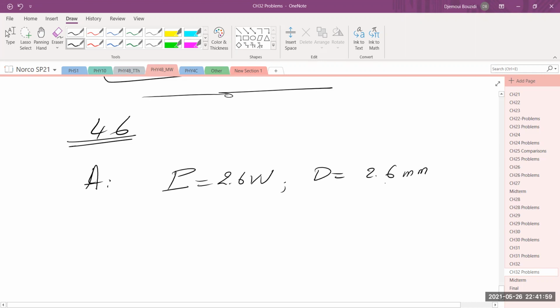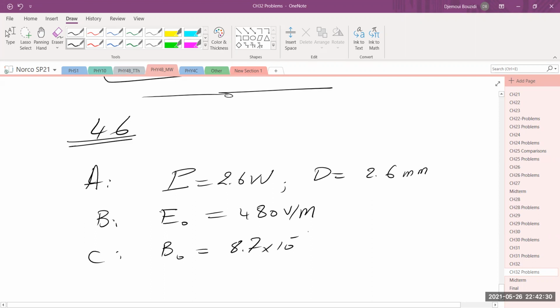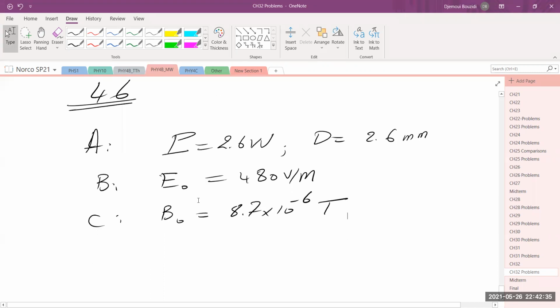For laser B, they gave you the amplitude of the electric field, which is 480 volt per meter. For laser C, it's labeled with the magnetic field, the intensity of the magnetic field is 8.7 microtesla. So each one of them gives you a different value.